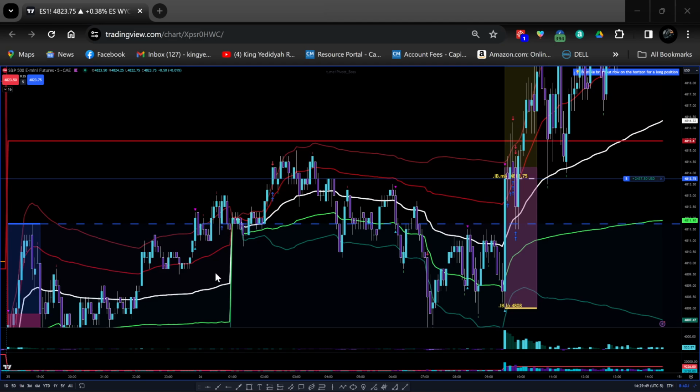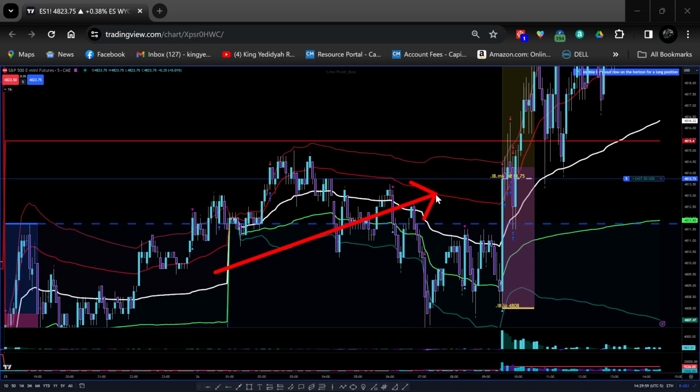This white line here is Vwap. This red line is the first upper deviation, and this darker red is the second deviation band. This bright green is the first lower deviation band, and this darker green here is the second deviation band, right?